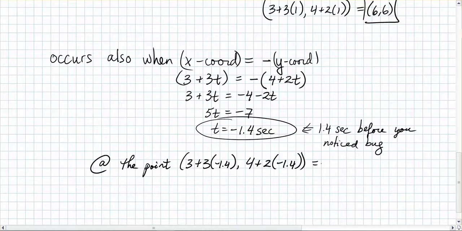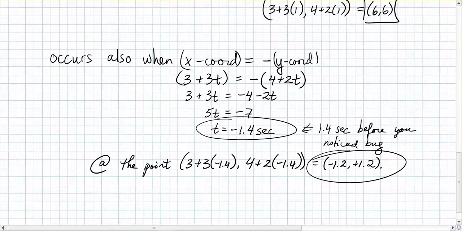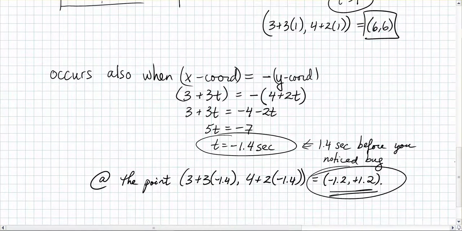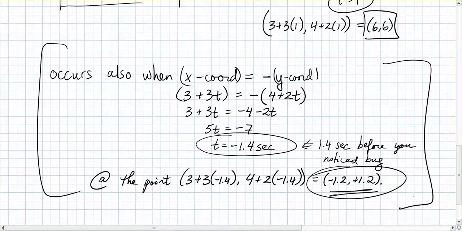And that ends up coming out to (-1.2, 1.2). And if you check that, that should make sense, that that's 1.2 units away from each axis. Now, again, I'm okay if you didn't come up with this one. That's a little bit tricky, and it requires you to assume that the bug was moving in the same pattern before you were watching it too.